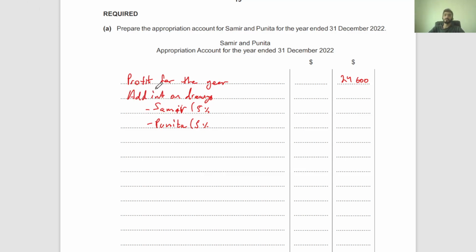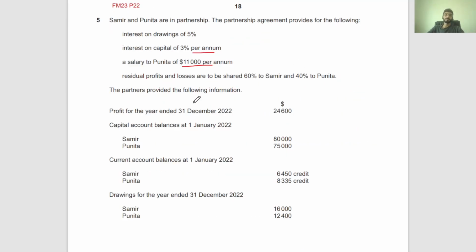We add interest on drawings because the partnership is basically charging the partners. So partners will be contributing this towards the partnership. We have profit for the year to distribute, but on top of that, the partners are sort of penalized on their own drawings. You take drawings, you have to pay back 5%. It's like cash back, right? You take drawings, you have to pay back 5% in to the partnership. And so the partnership will receive that money.